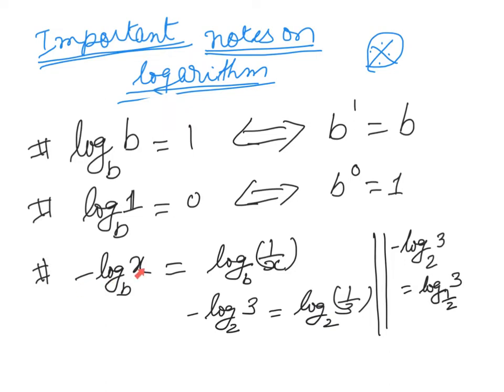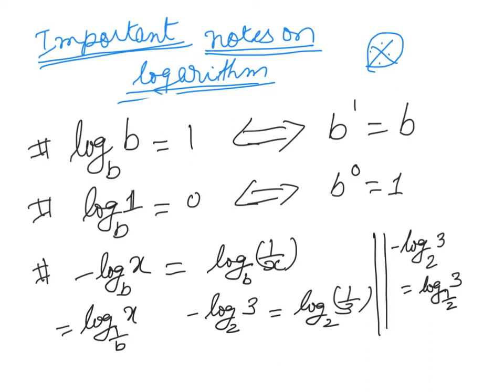Negative of logarithm x to the base b can be written as logarithm of the reciprocal of x, that is 1 over x to the base b, or I can also write it as logarithm of x to the base 1 over b.